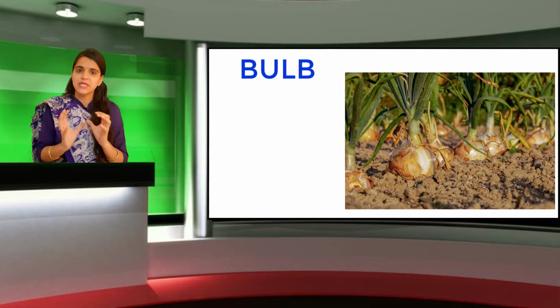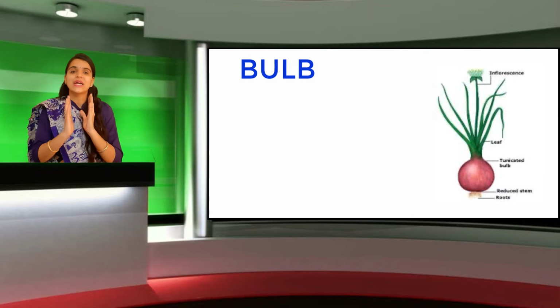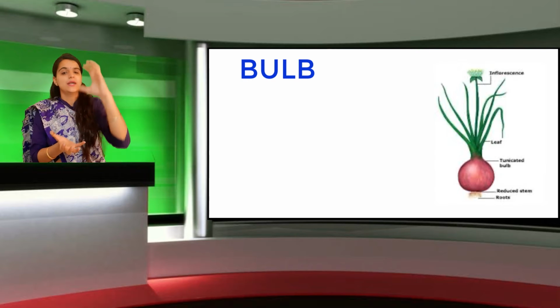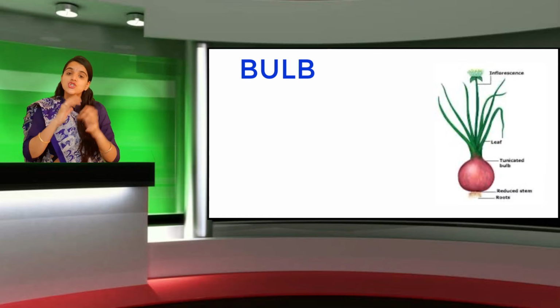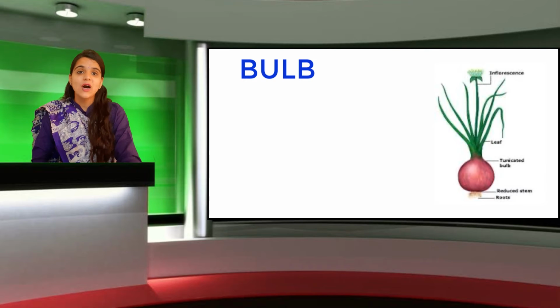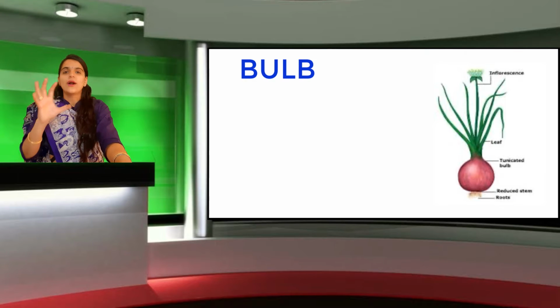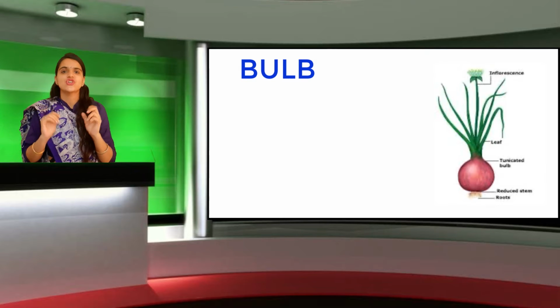I will again repeat, what is a bulb? It is a leaf-like structure which stores food. It is also an underground stem. The apical bud will give rise to leaves and flowers, whereas shoots are developed from lateral buds. Okay, now this is all about the natural vegetative propagation methods.